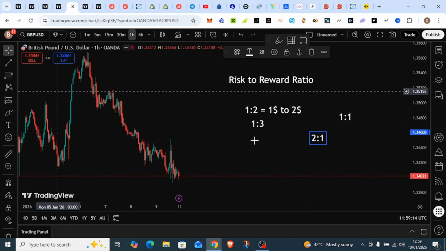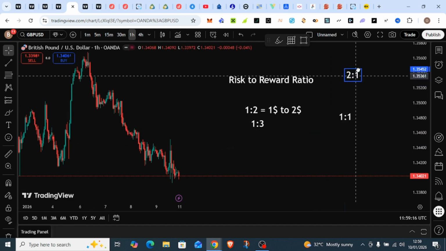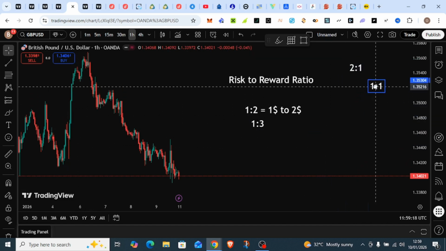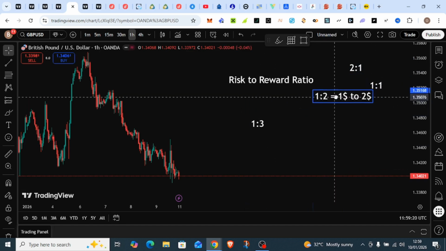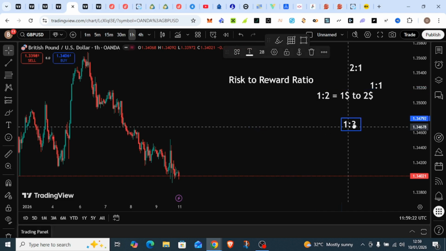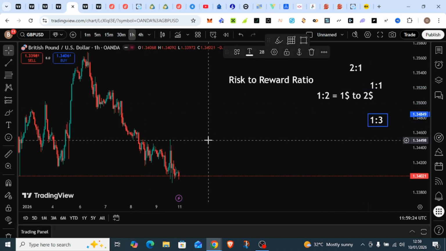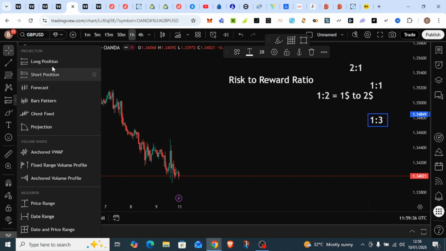Let me press this thing so that I'll be able to write so many things. This is TradingView. There is a tool that can easily calculate your risk to reward when you plot your entry, your stop loss, and your take profit. When you come to this place, you select the long or short tool.